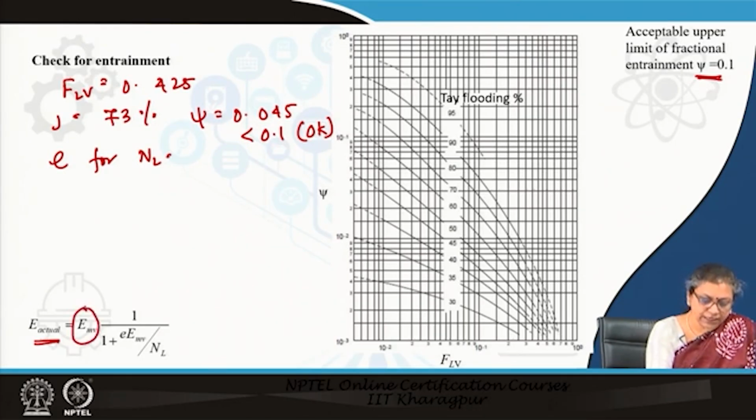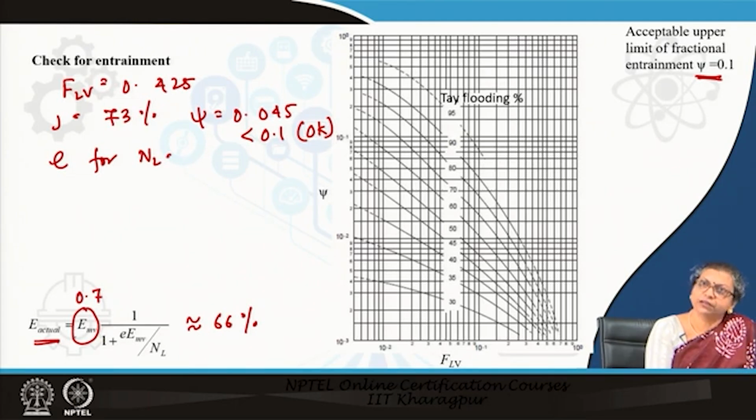To start with, you can assume the Murphy tray efficiency to be something around 0.7 or 70%, and you can calculate the actual. You will find this roughly to be around 66 or 65%. So, it is not very far removed from the Murphy efficiency that you have assumed.